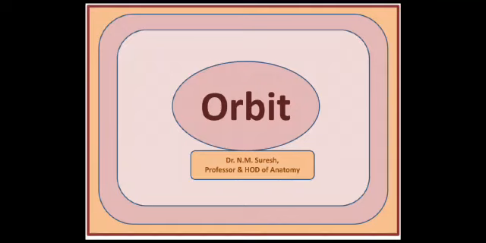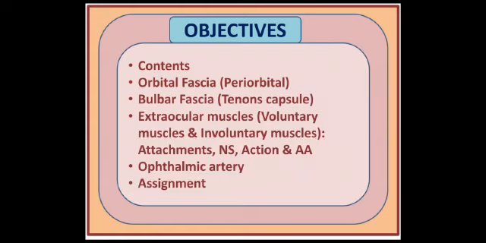Good morning. Today we'll be talking about the orbit. The main objectives which you are supposed to know at the end of the session are: you should know about the contents of the orbit, what is orbital fascia, also called periorbital fascia, what is bulbar fascia or Tennant's capsule.